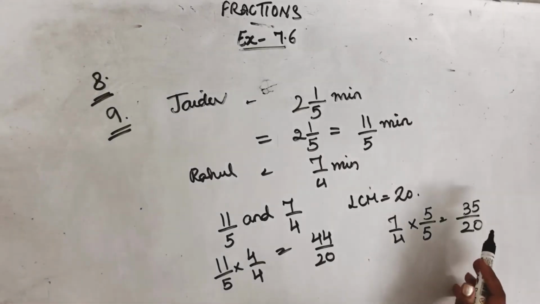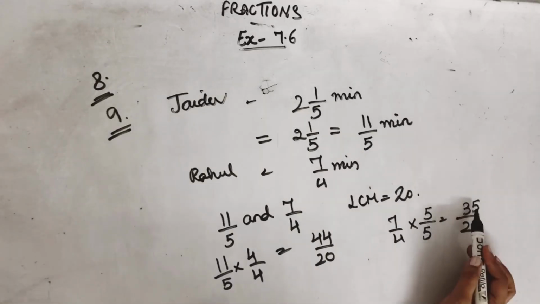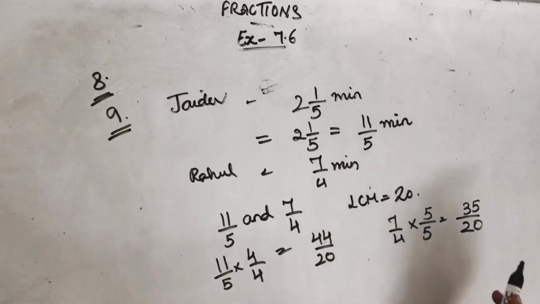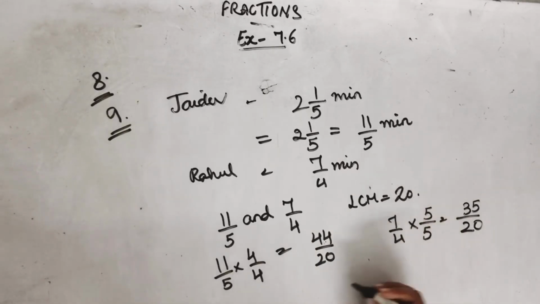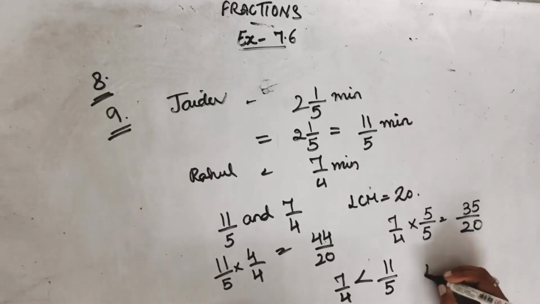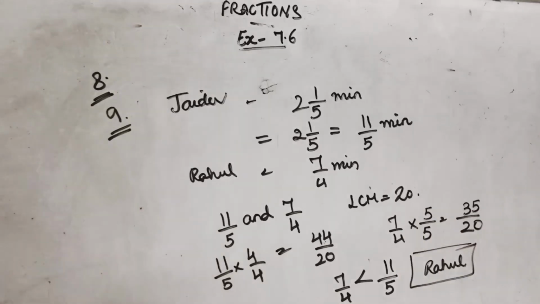Now you have to tell who takes less time. It means कौन सी fraction जो है that is smaller. Now 35 is less than 44. It means this fraction 7 by 4 is less than 11 by 5. So 7 by 4 was Rahul's time. It means Rahul takes less time to cover the distance.